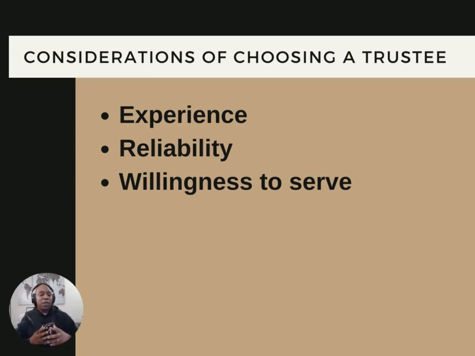Nine times out of 10, if you've got a little money, you can ensure that your trustee is a lawyer or another responsible party who does this professionally, or it can be a line of people that you trust to ensure that the distributions of the trust will get to your beneficiaries in a reasonable amount of time and with less stress. But ensure that they have these three things: some experience, reliability, and definitely a willingness to serve.